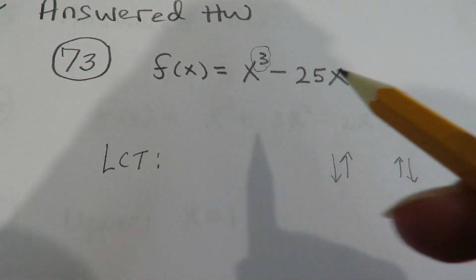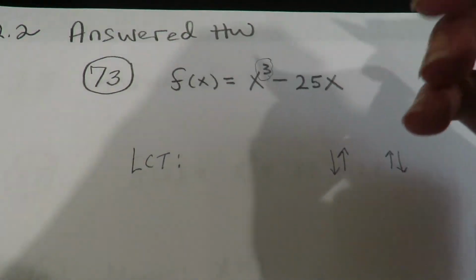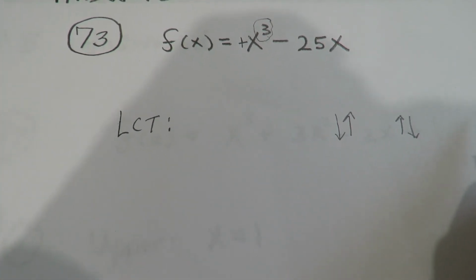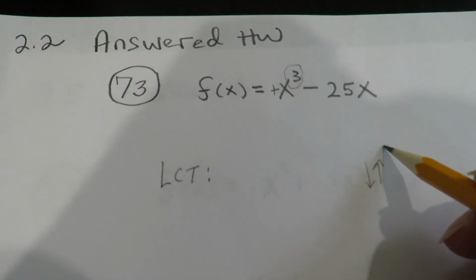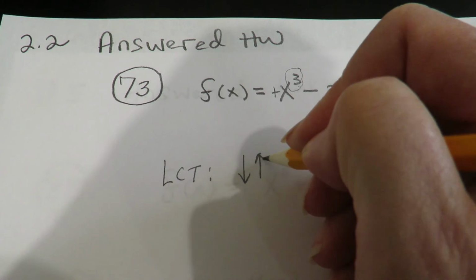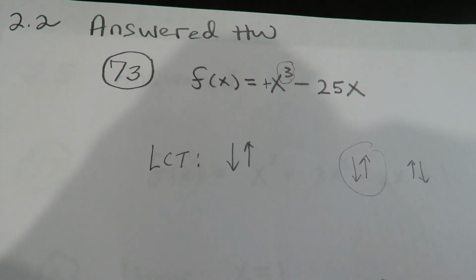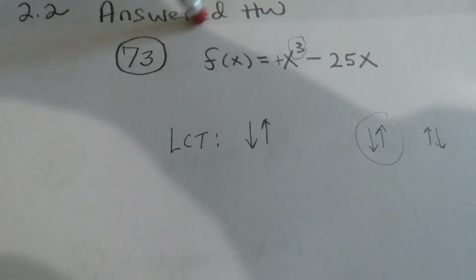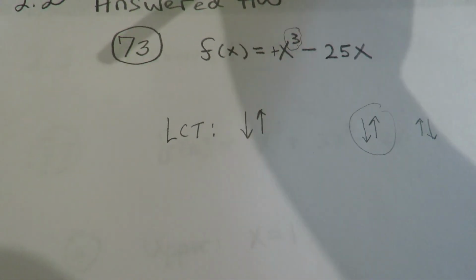So you have to look at whether the leading coefficient is positive or negative. The leading coefficient is positive, which means this graph is going to go down on the left, up on the right.